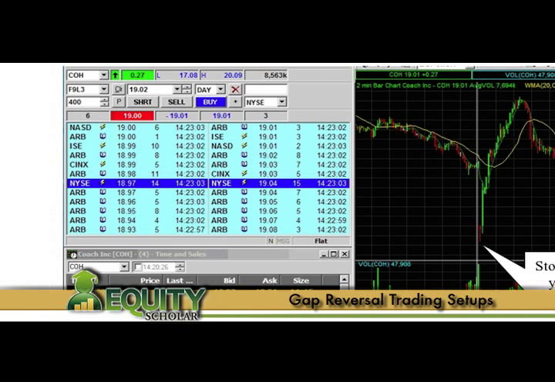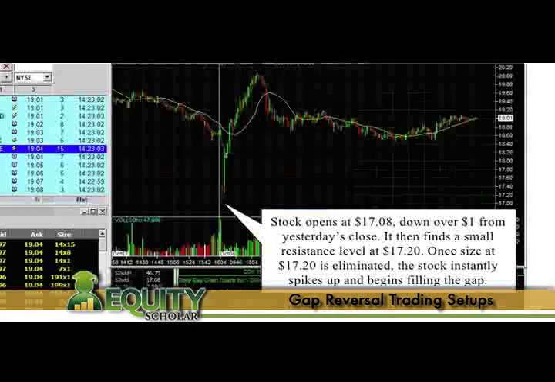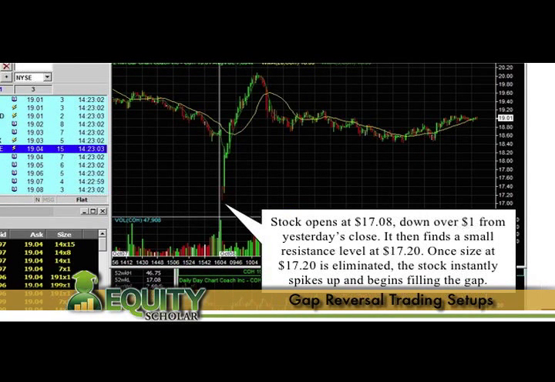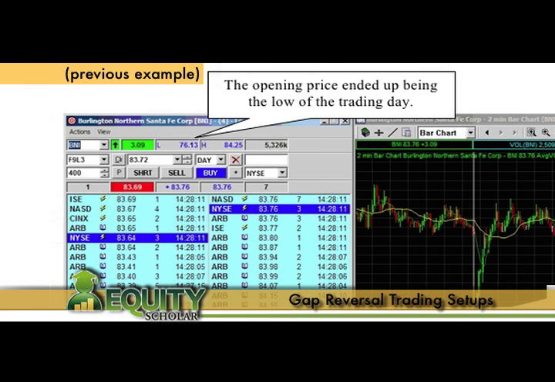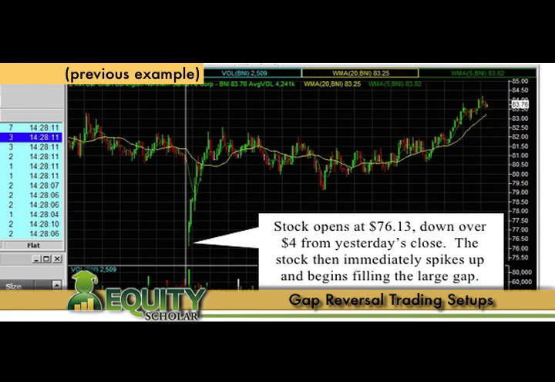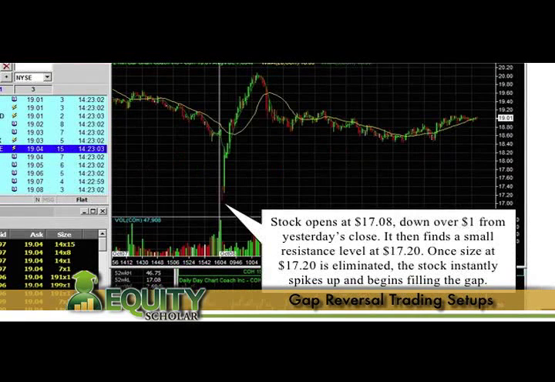Moving on to the next stock, ticker symbol COH, which stands for the retailer Coach, we see from the chart that the stock opened down over $1.25, as the closing price on the previous day was $18.60 and the opening price the next day was around $17.20. Now, unlike in the previous example, where the stock never hit a price lower than the opening print and instantaneously surged upward, this stock within the first minute or two jostled around in about a 20-cent range, testing both higher and lower.